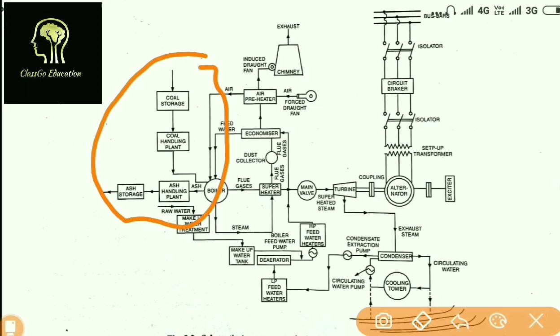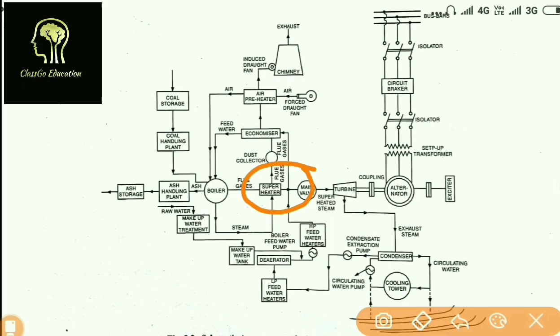Now we will take some important accessories, the equipments which I talked about. What is the function of the superheater and reheater? Over here you can see this is the superheater, and with the superheater we are having a reheater as well.